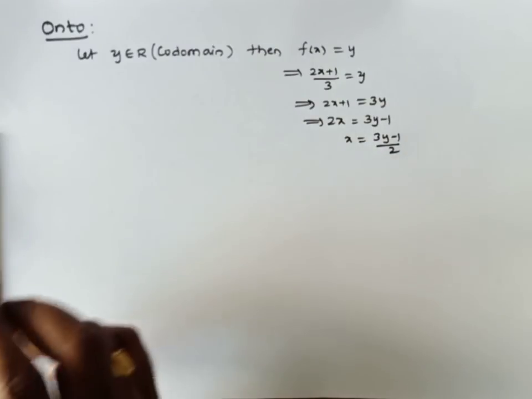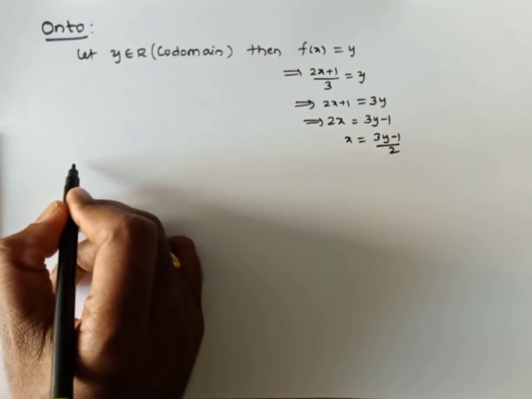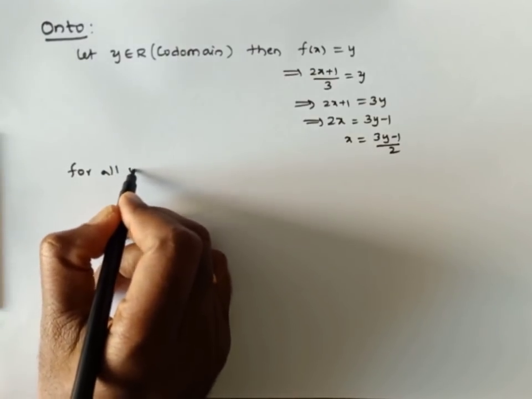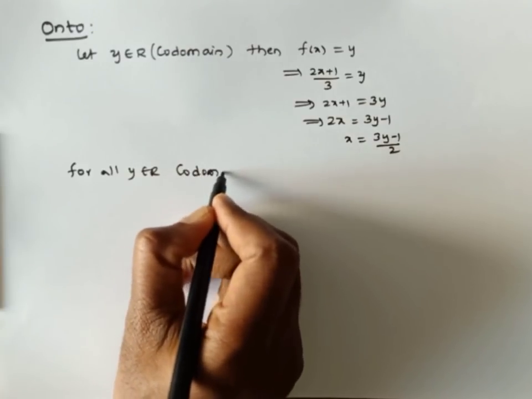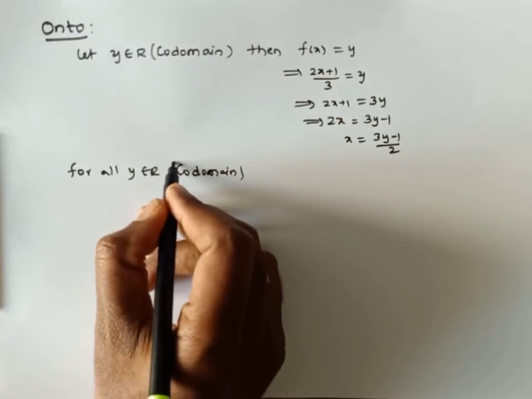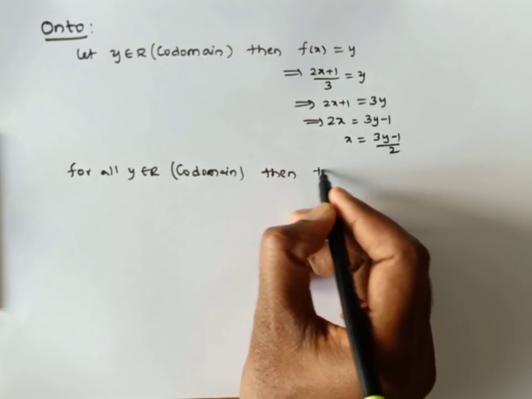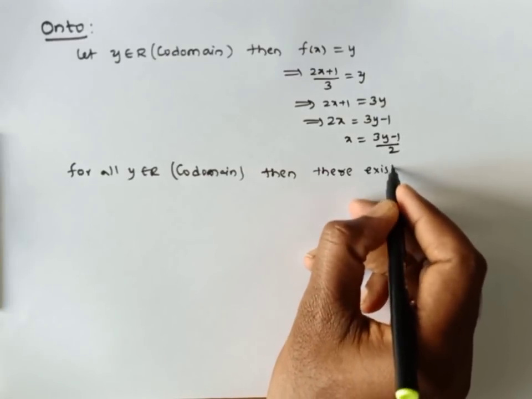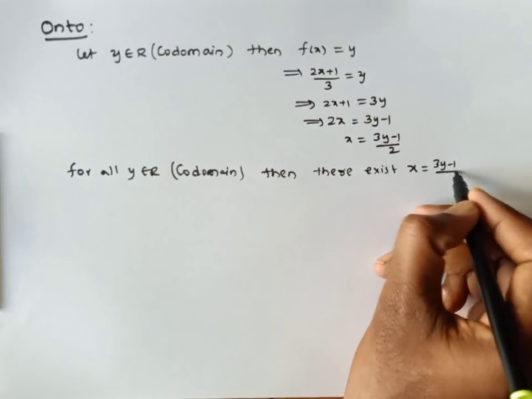Okay. Now here clearly for all y belongs to R from codomain, then there exists some x, meaning here 3y minus 1 by 2.